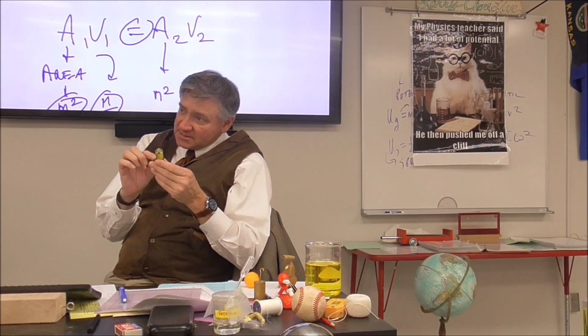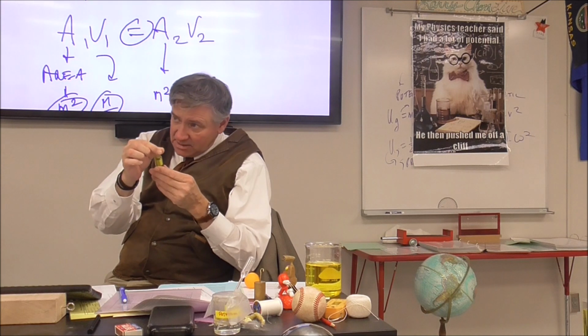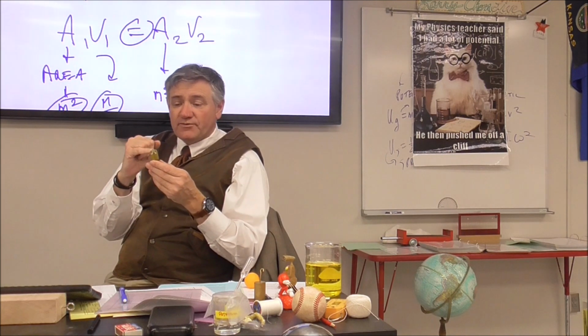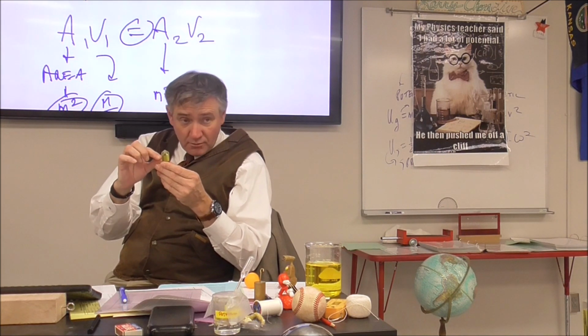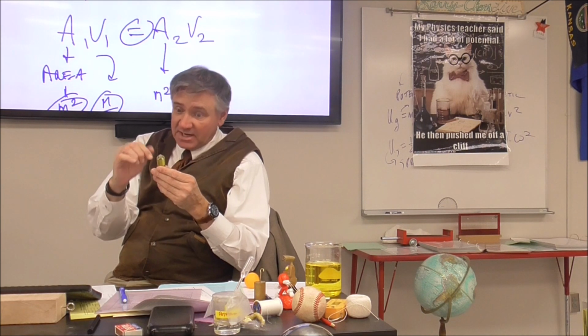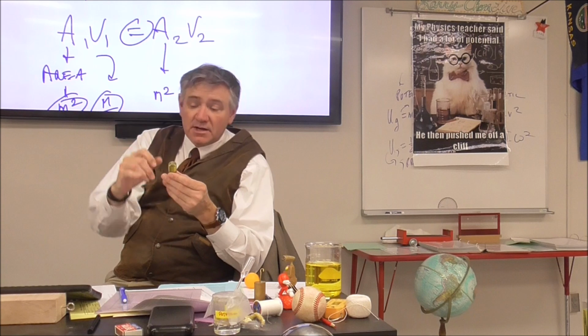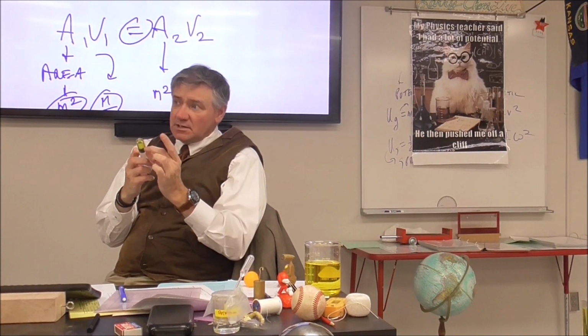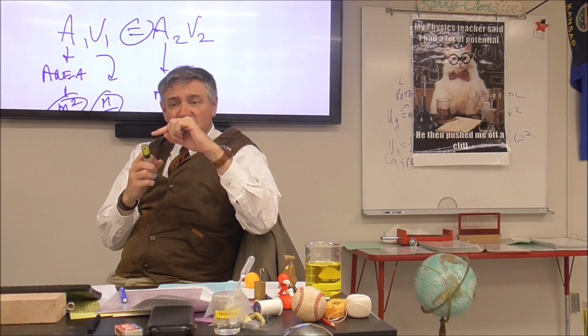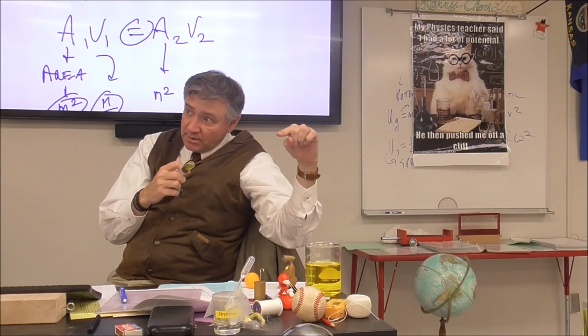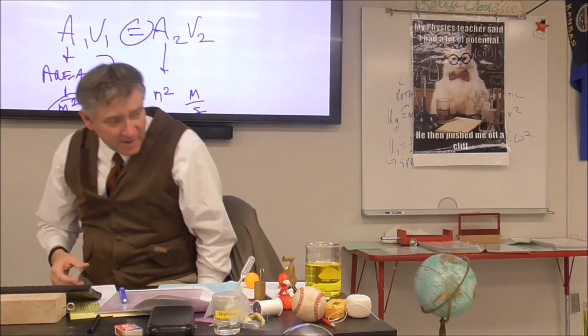To make these things equal, the flow rate here, cubic meters per second, has to equal the flow rate here going out. So what that means is that this is going to move slow, but to balance it out, that end has to go fast. So you can show that, right?